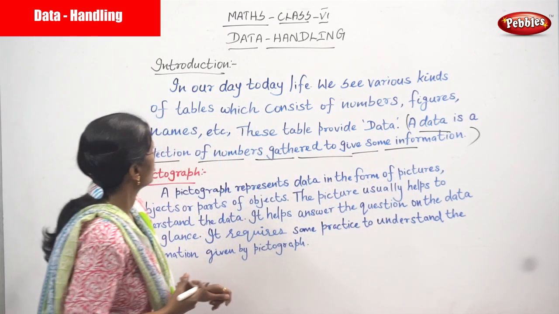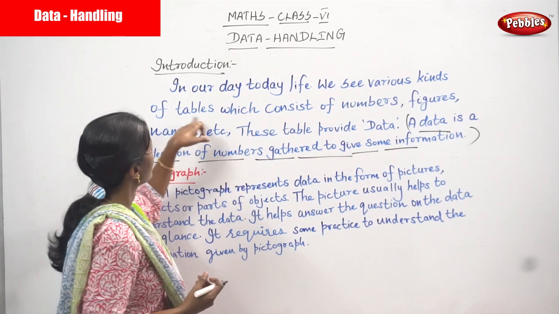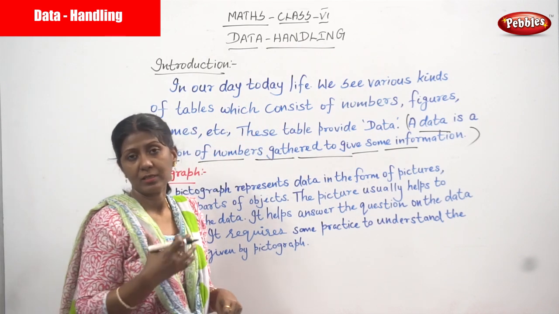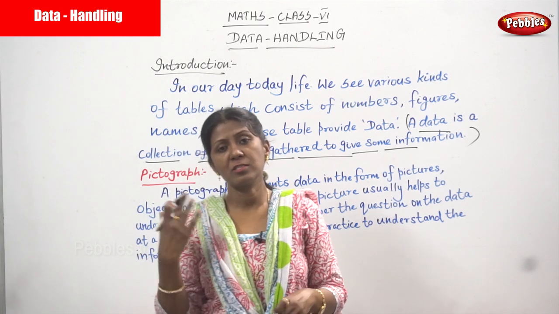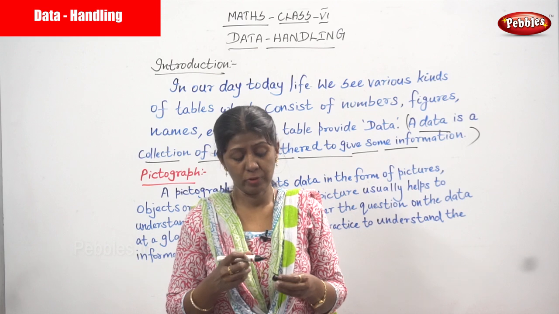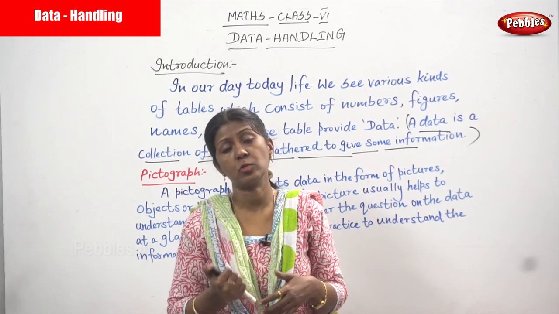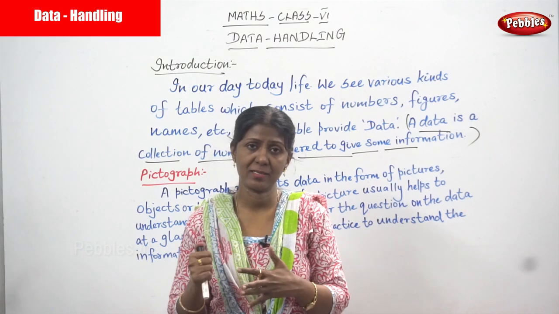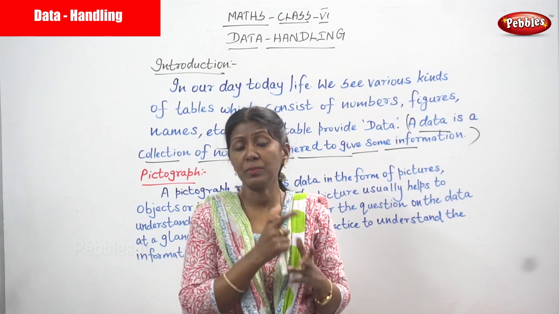Also, in our day-to-day life we see various kinds of tables. For the information you gathered, it is based on numbers. In our country, how many states are there, and how many people in a particular state?